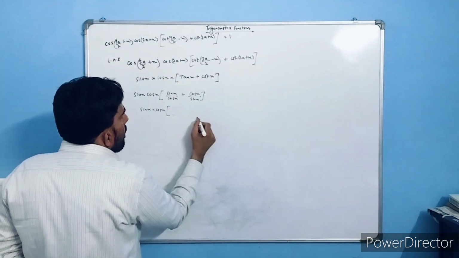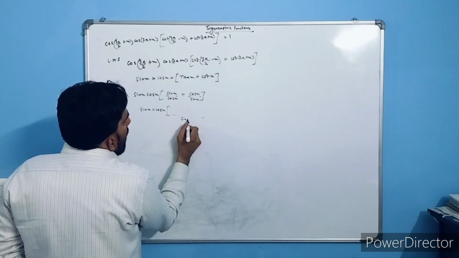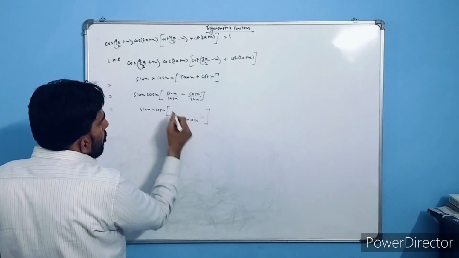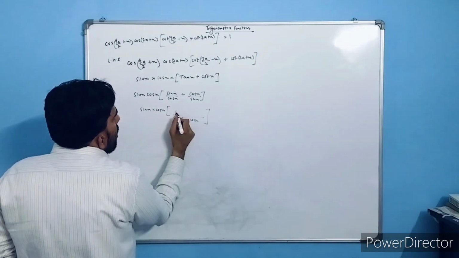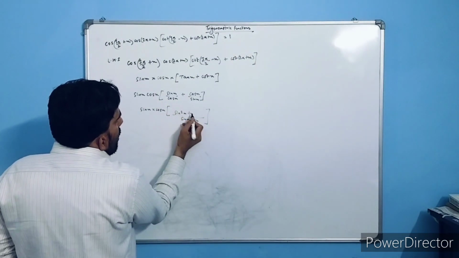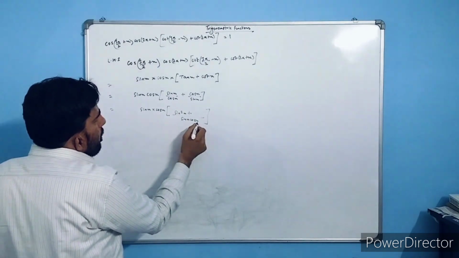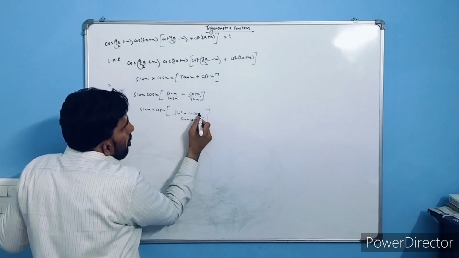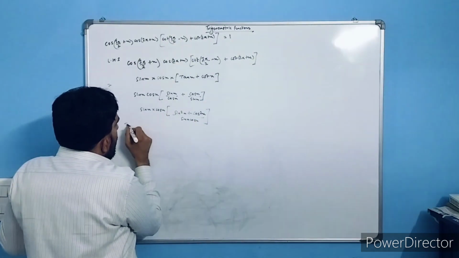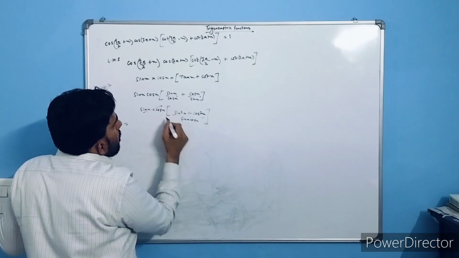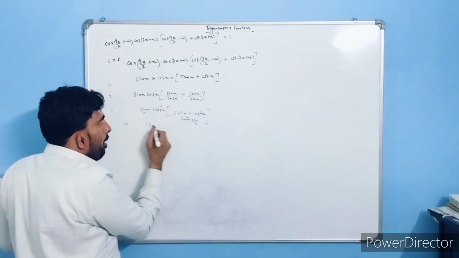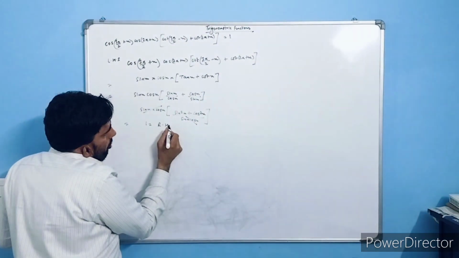Take the LCM. Now sin x cos x. Now if I divide sin x by cos x, we get sin x into sin square x, plus if we divide cos x by sin x, we get cos x into cos square x. So now sin x and cos x will be reduced by this, and sin square x plus cos square x is equal to 1.